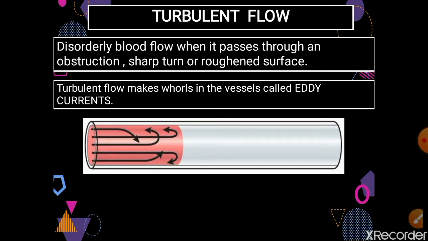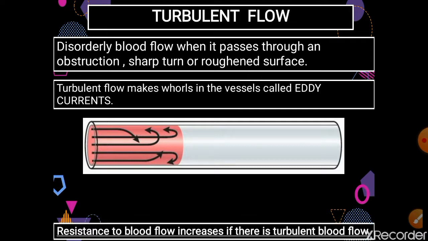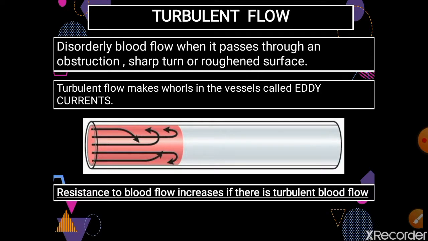This results in the mixing of blood and the mixing of layers, causing whirls within the blood vessel, which I mentioned before are known as eddy currents. You must remember that when there is turbulence in the blood flow, the resistance to blood flow increases.